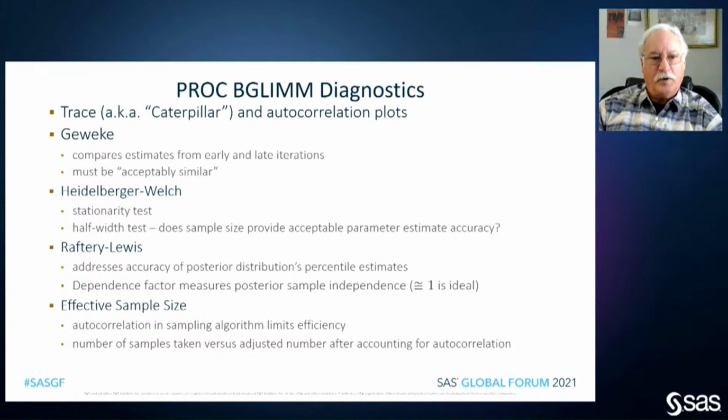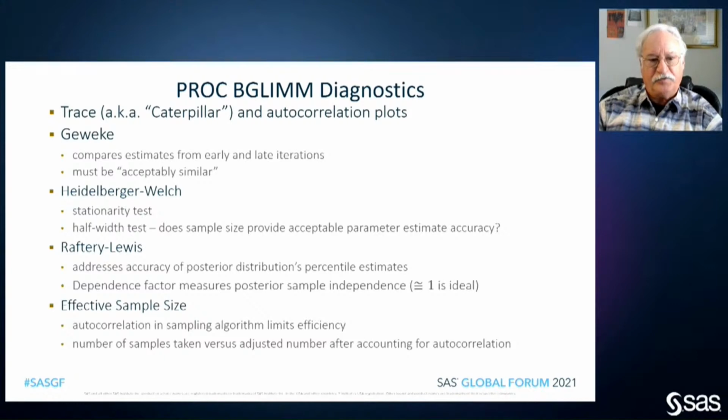There's a Heidelberger-Welch diagnostic, and the important thing here is, does the sample size provide acceptable parameter estimate accuracy? There's something called a Raftery-Lewis set of diagnostics. And the main thing we'll be looking at here is something called the dependence factor. Close to 1 is ideal, and we'll look at some examples of when it's not good and what that looks like. And finally, there's an effective sample size.